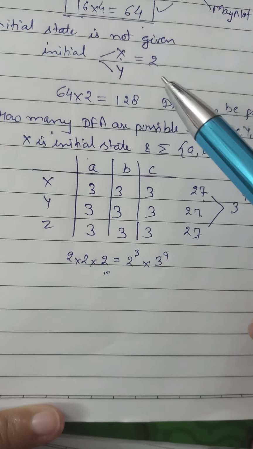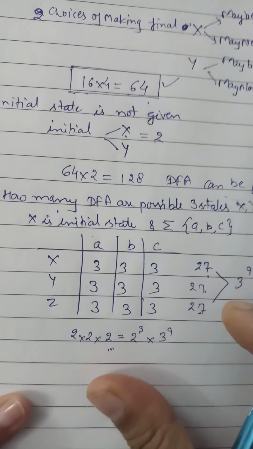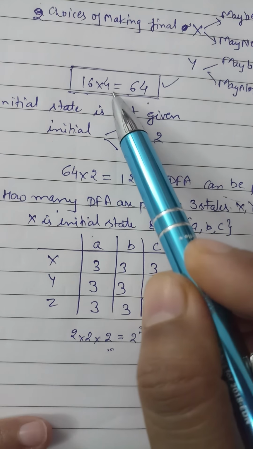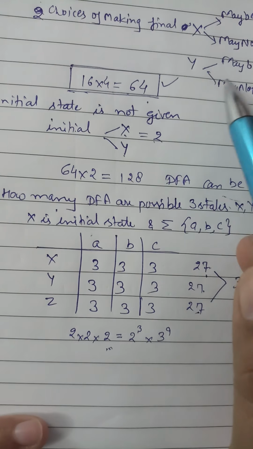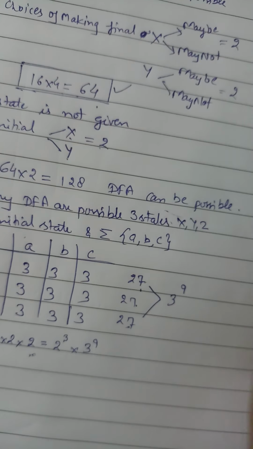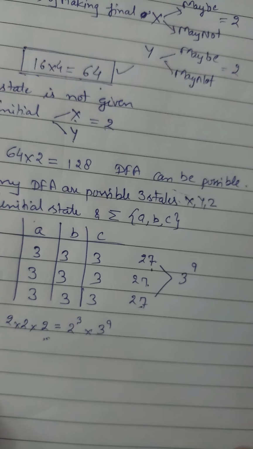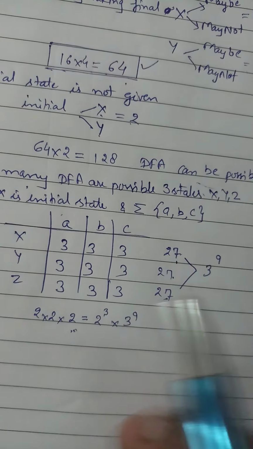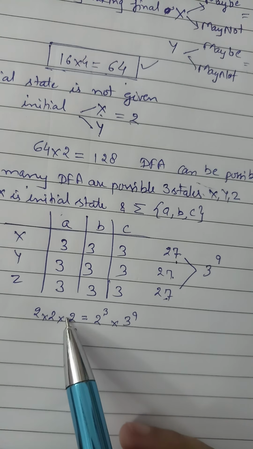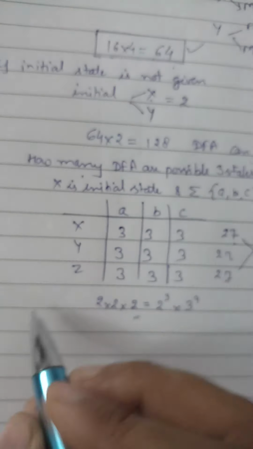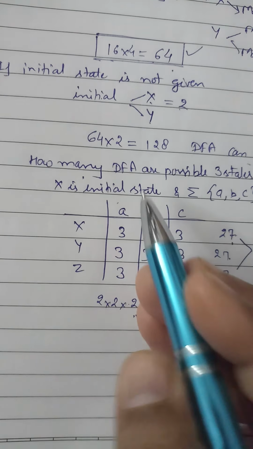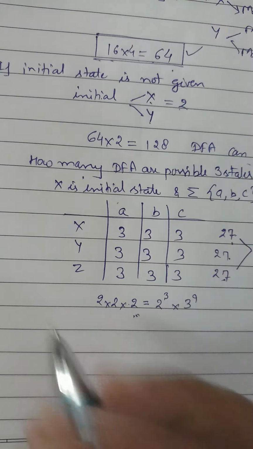So how many choices do we have? 4. We can make x a final state, maybe or maybe not. Y a final state, may or may not be. So total 2 and 2, 4 choices. But here, in a similar way we write like this. If the final state is not given, obviously the final state is not given here, only the initial state is given.